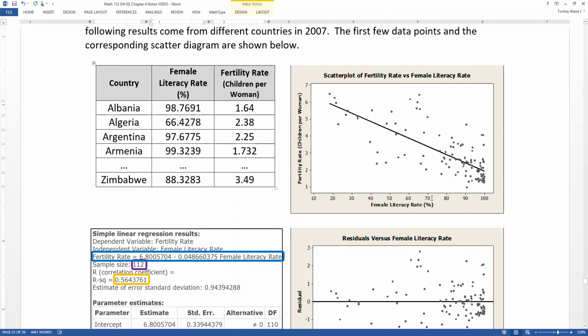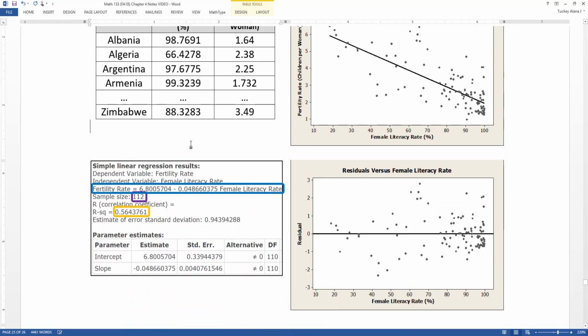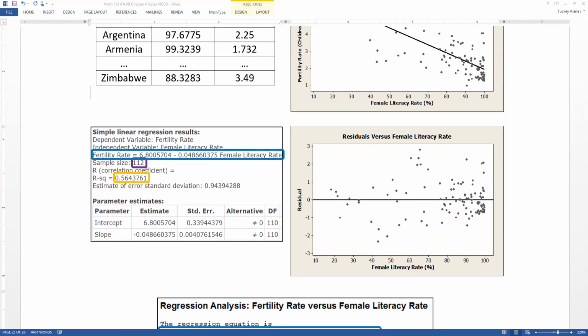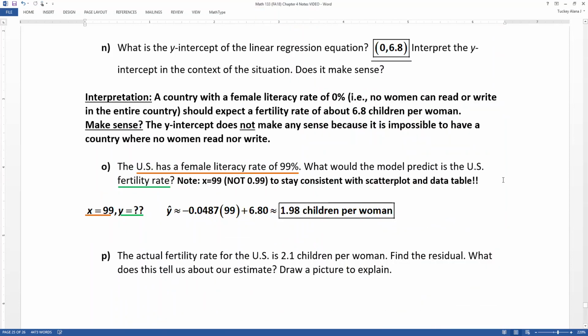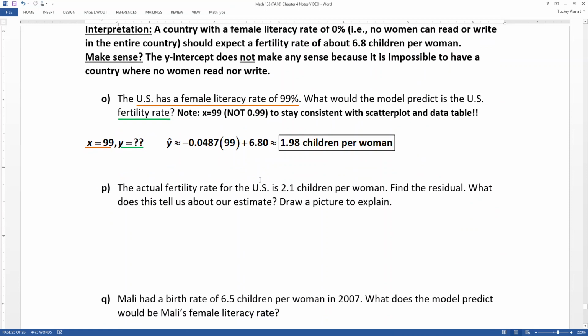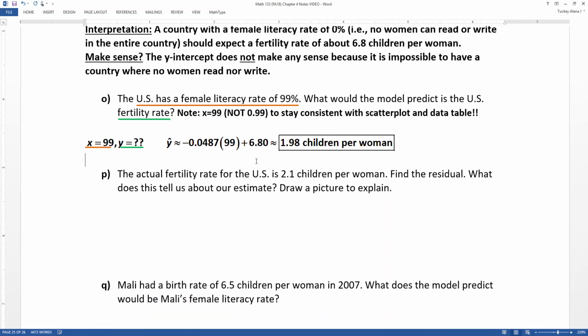You can also see it over here in the scatter plot, 10, 20, 30, 40, as opposed to 0.10, 0.20, 0.30. So I'm keeping consistent with the table and the scatter plot when I use 99 instead of 0.99. I'll make a little note of that real quick. In fact, that's one of the reasons that I give you the data table to begin with, so you can have a sense of how the numbers are going to work. And since we were using whole numbers, we will use whole numbers for this problem.